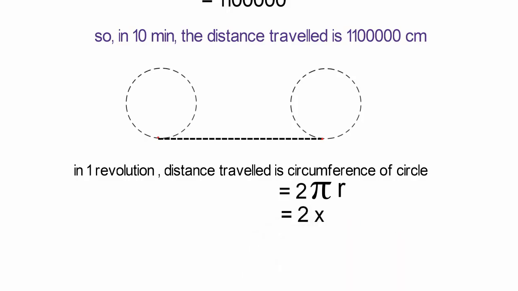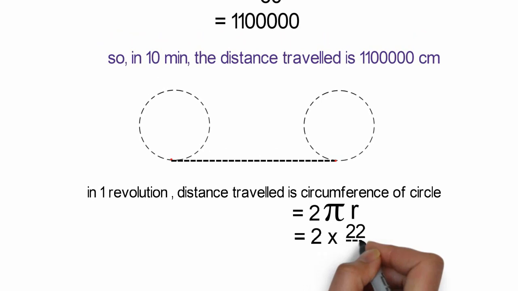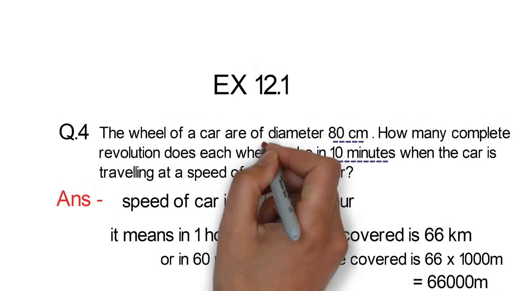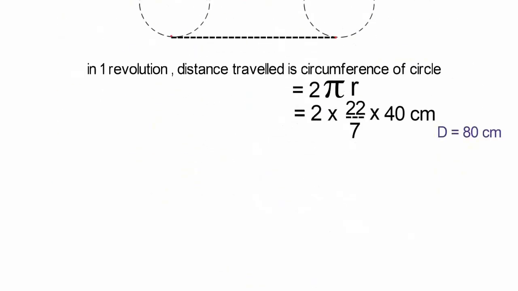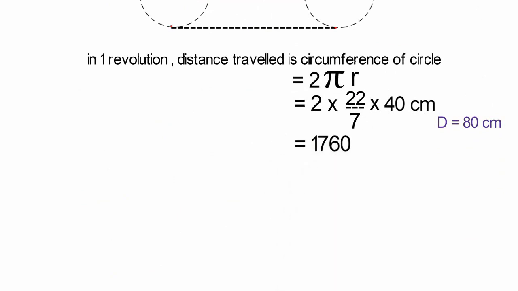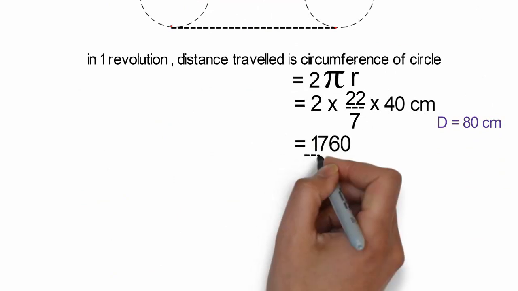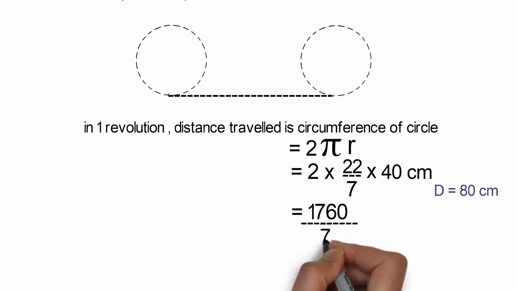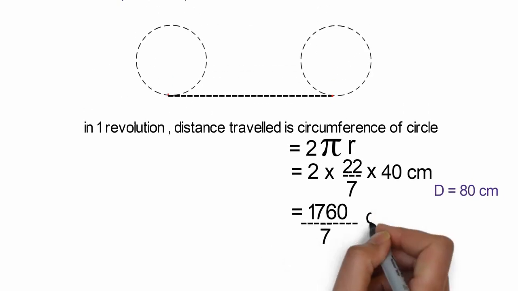Substituting the values, the value of pi is 22 by 7. In place of radius, we are going to take 40 centimeters. Why? Because it is given that the diameter is 80 centimeters in the question. So the radius is 40. Calculating it, we get 1760 divided by 7 centimeters. So this is the distance traveled in one revolution.